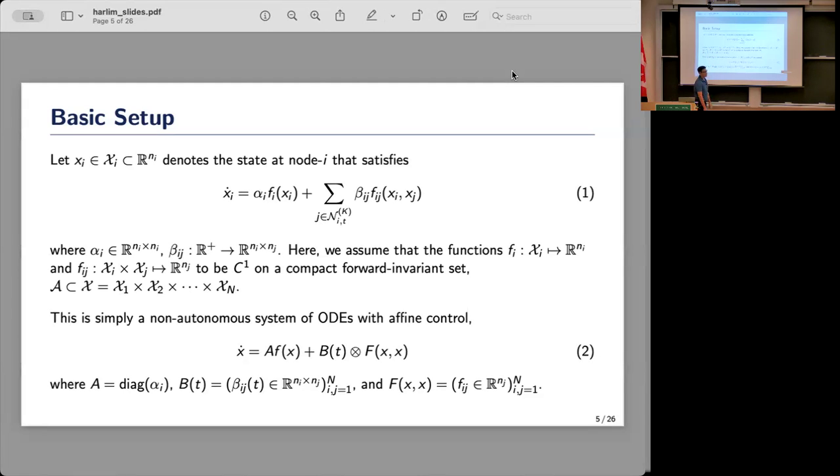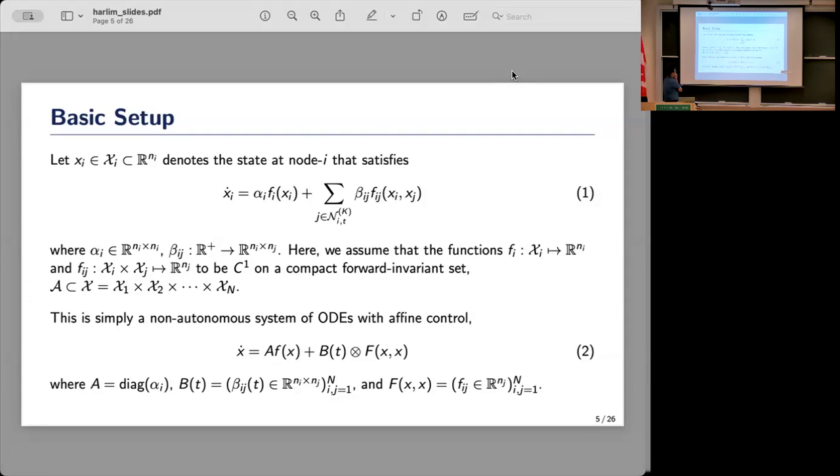Beta_ij is time-dependent in this case, so it's a time-dependent matrix-valued function. Here we just assume these functions or these maps are C1 and compact forward invariant on the following set. In case the dynamical system is actually measure preserving, then A could be just the compact support of the attractor.